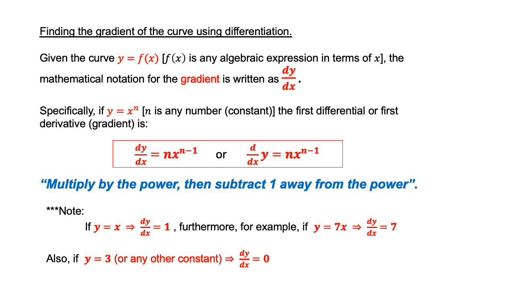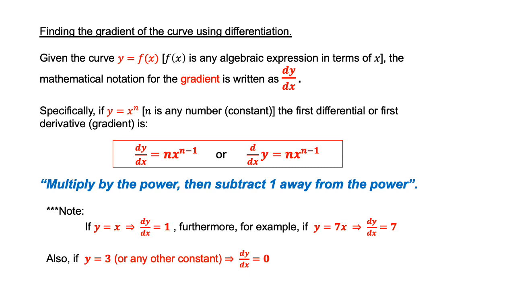And also, if I look at any horizontal line, which is y is equal to a constant, so wherever the horizontal line cuts the y-axis at that number, we know already by sight that it's got no gradient, it's 0, but it does follow again the logic of the formula above, because if I look at, for example, y equals 3, that's the same as 3 times 1, and we know that 1 is x to the 0.